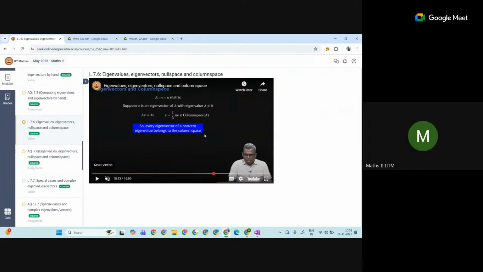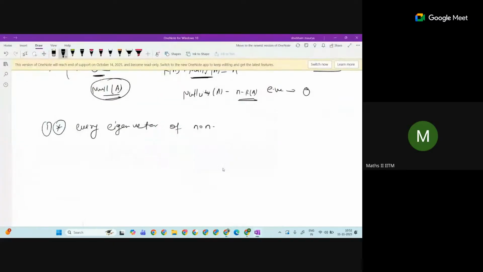It is going to be in the null space, correct? So every eigenvector of a non-zero eigenvalue belongs to the column space of A.